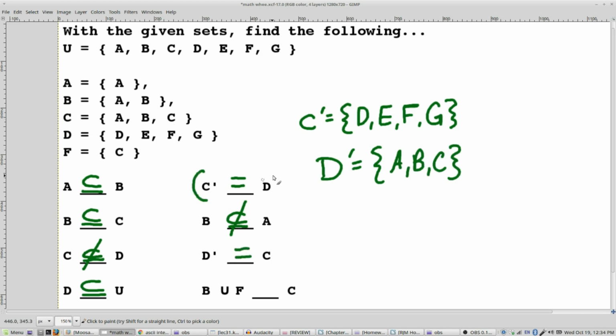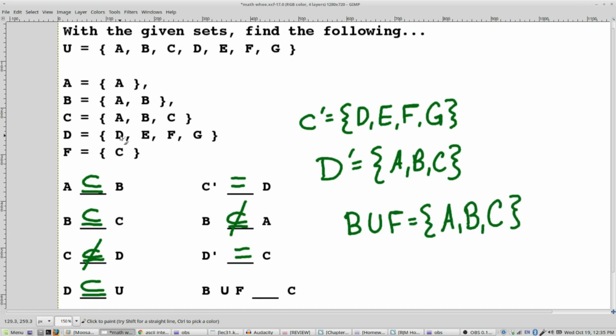Just like this one here, C prime is equal to D, D prime is equal to C. Okay, and then down here we have the union of B and F, so B and F. So let's say B union F is going to be equal to the elements in B and the elements in F, which is just a C. Is this a subset of C? Those are equal. So the intersection of the union of B and F is equal to C.